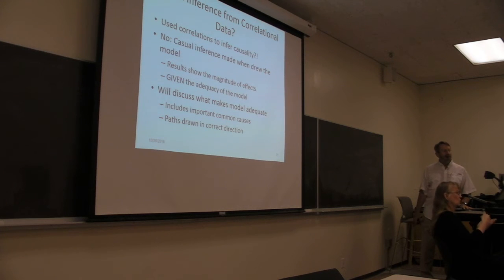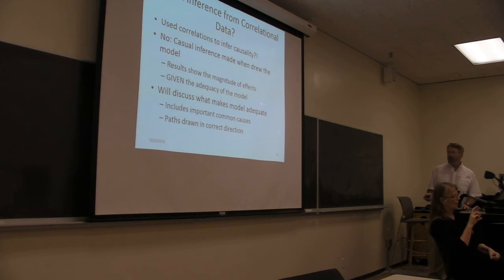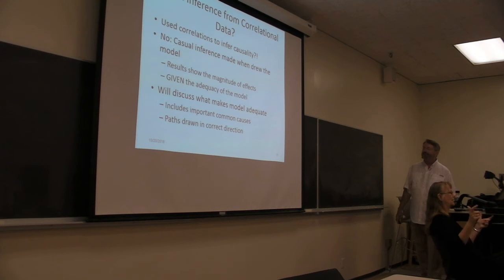And if you'll recall, I referenced things like theory and previous research in order to draw those arrows. And so what we're doing is we're making causal inferences based on theory and research, and then we're simply using the correlations as the fuel for the calculations to figure out whether, given the adequacy of our model, what are the magnitude of the effects.